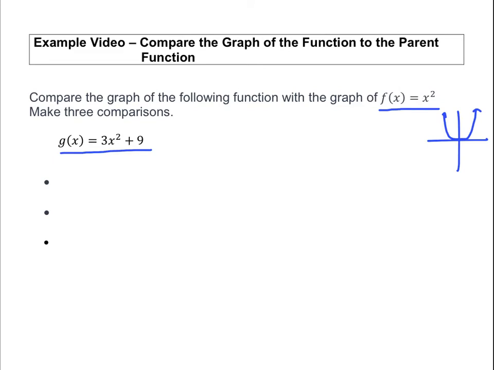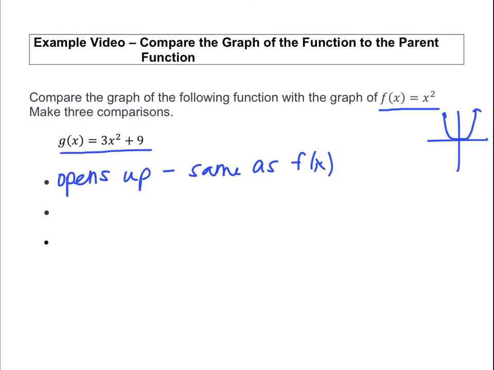So that means that our g of x function is going to open up, which is the same as our f of x. Or you could say it also opens up. I don't think I made that distinction in the intro video, but you just want to make sure that we are comparing it to the f of x.